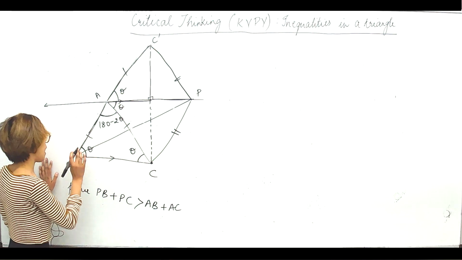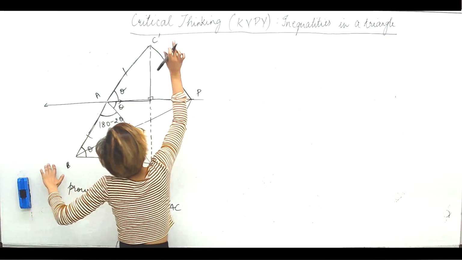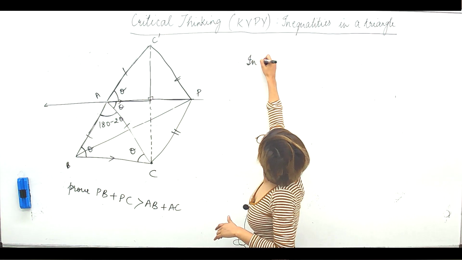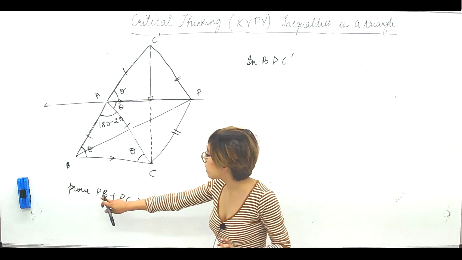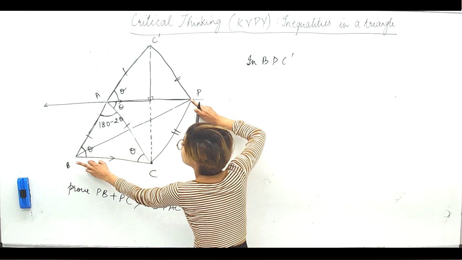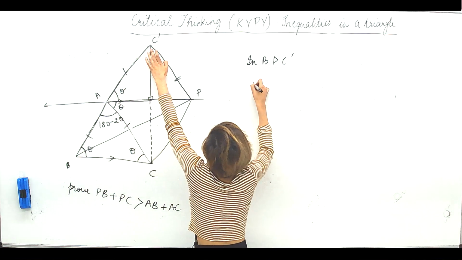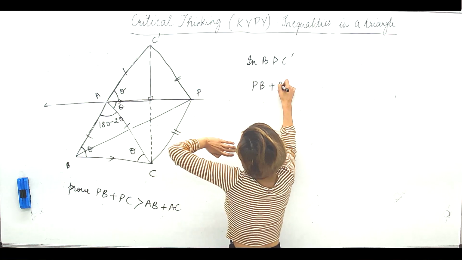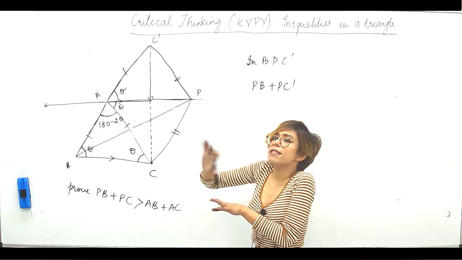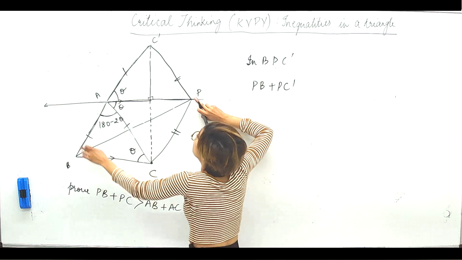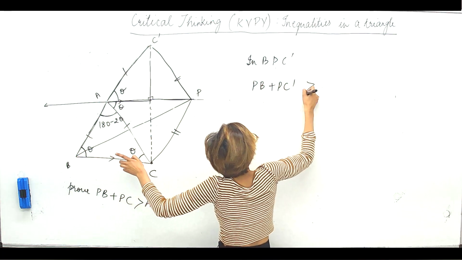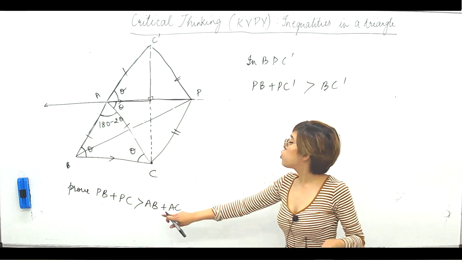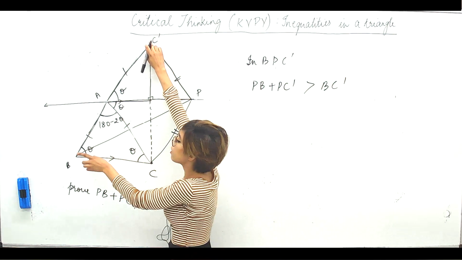Right? So in triangle BPC dash, now, मुझे चाहिए था PB plus PC. So PB plus PC dash. PC dash or PC same है. Now, this plus this is greater than BC dash. अब मुझे चाहिए AB plus AC. तो BC dash को क्या लिखते हैं?